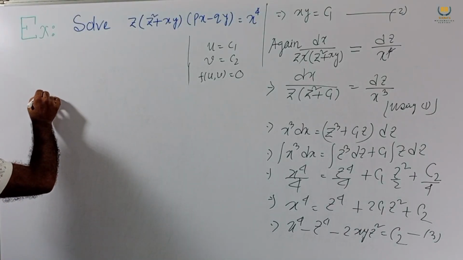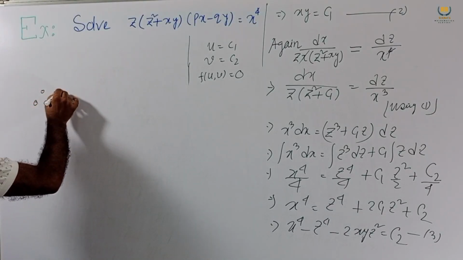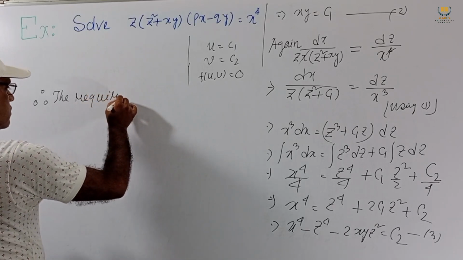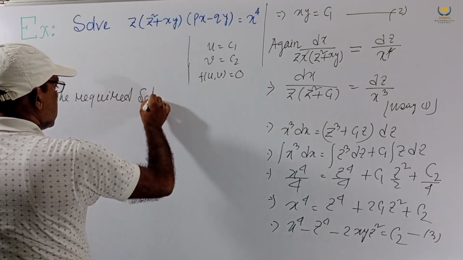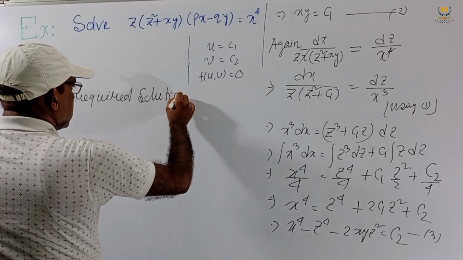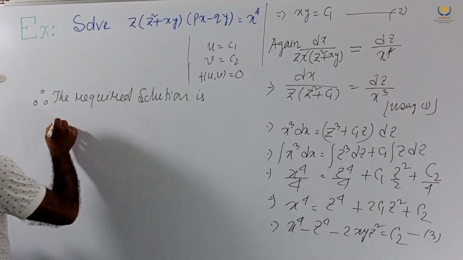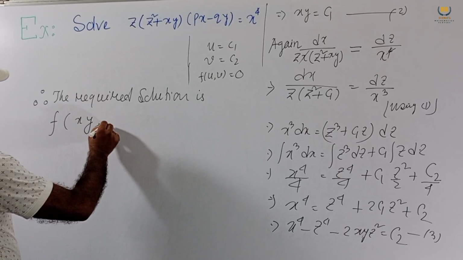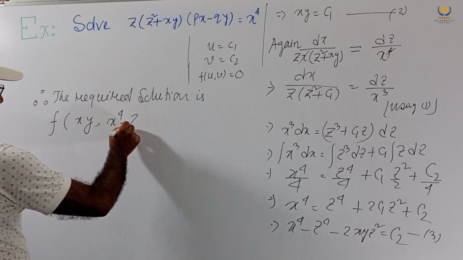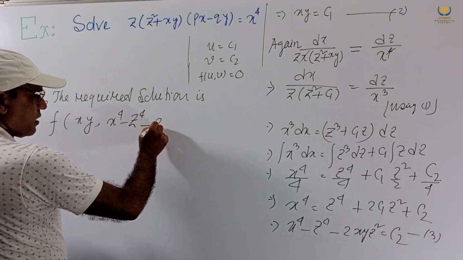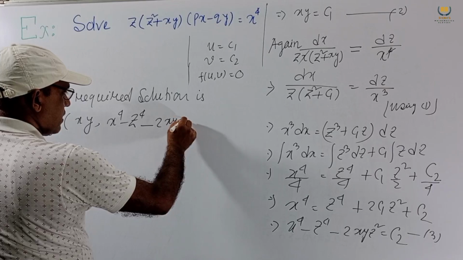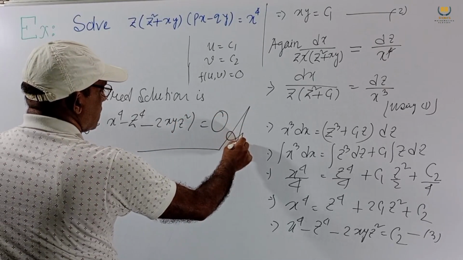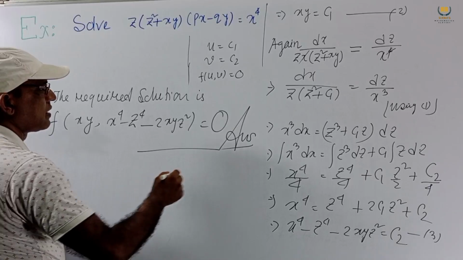Therefore, the required solution is f of xy comma x to the power 4 minus z to the power 4 minus 2xy z square equal to 0. This is our answer.